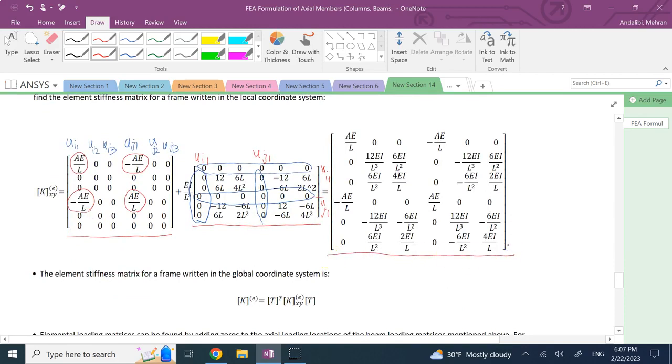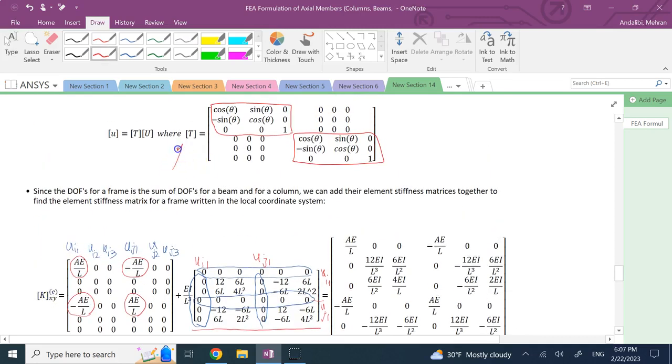Now this is in the local system. Remember, we solve in the global coordinates. So I need to take my local frame to the global frame, and what I need to do is to use T transpose and T from the left and the right side to take it to the global frame. In linear algebra, we call this product the similarity transform. Okay, if you want to move a matrix from one frame to another, we call it the similarity transform, and the T matrix is exactly what is provided here.